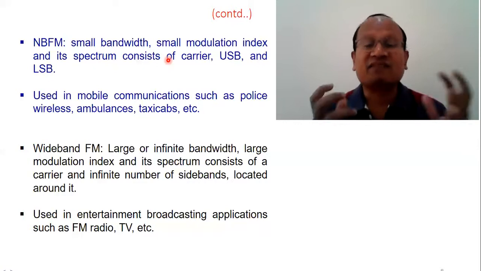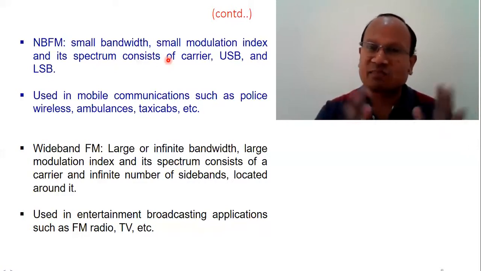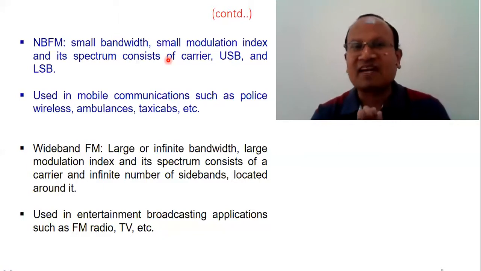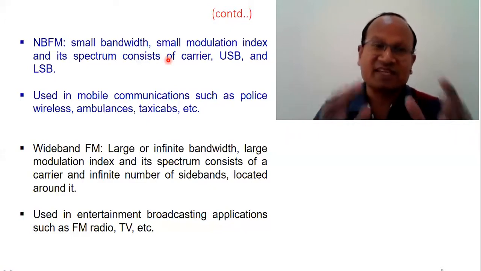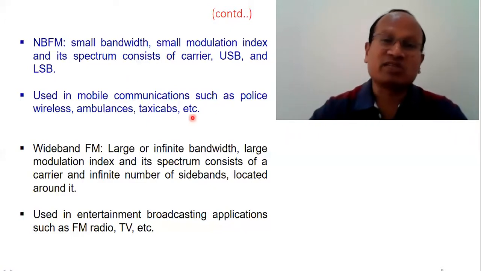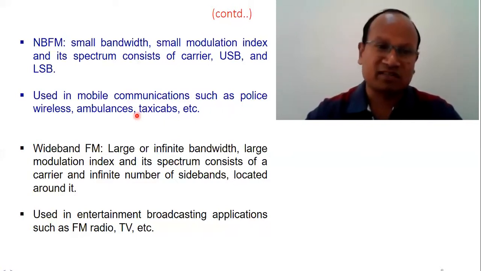Compatibility here is defined in terms of 2 attributes: first, modulation index is small in both; second, the number of sidebands is only 2 in AM as well as NBFM. It is used in mobile communication such as police department wireless communication, taxi cabs, and ambulances.